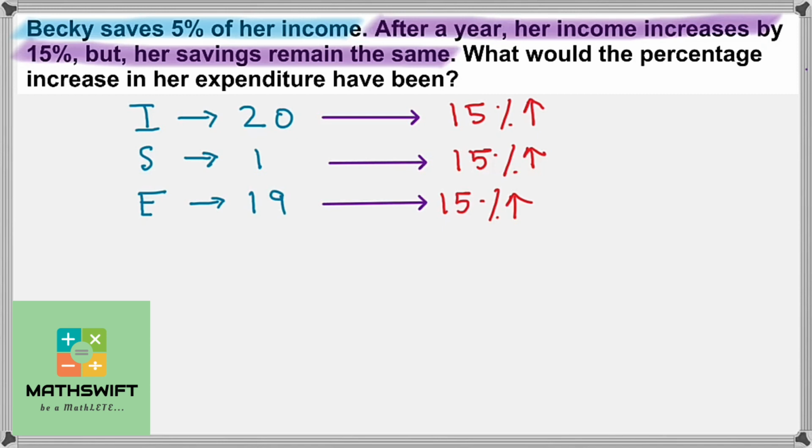But that did not happen, and her savings remained the same. So that extra 15% that could go into that 1 unit of saving now gets divided between the 19 units of expenditure, and her net expenditure increases by 15 upon 19% more.